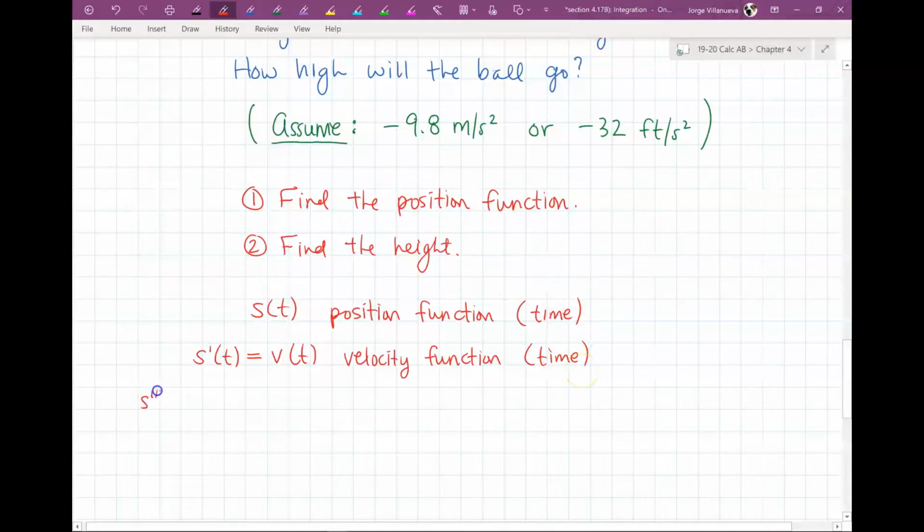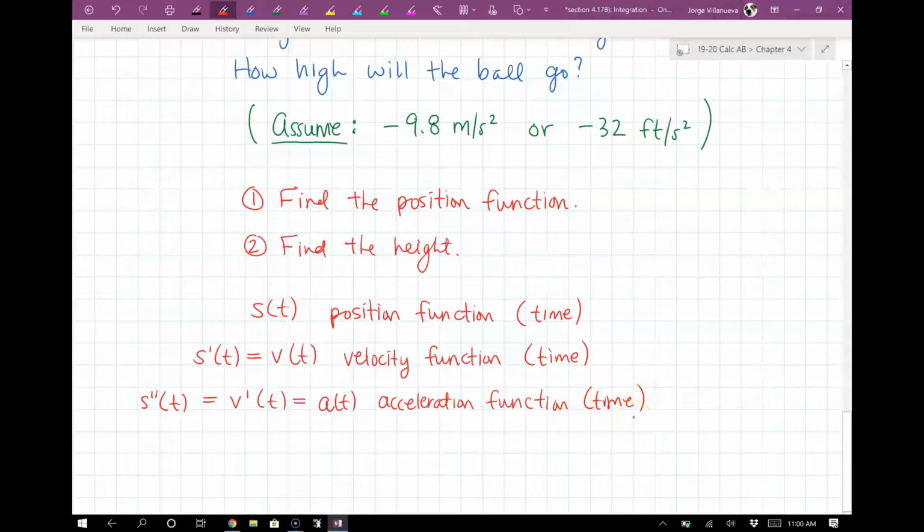If you take two derivatives of position, which would basically be one derivative of velocity, what do you get? Acceleration, right? So we're going to get acceleration based on time. Okay? Before we stop, let me just write down the things we know, and then we're going to stop.